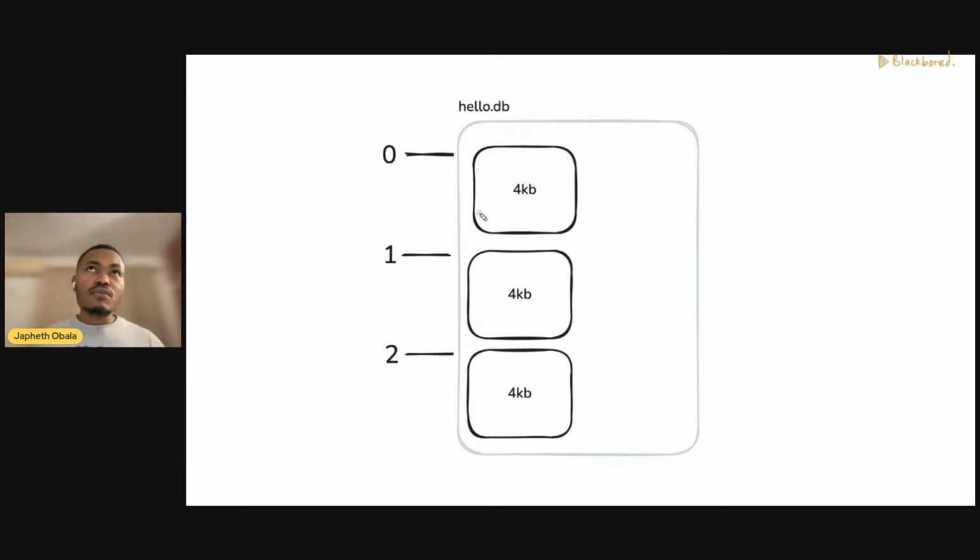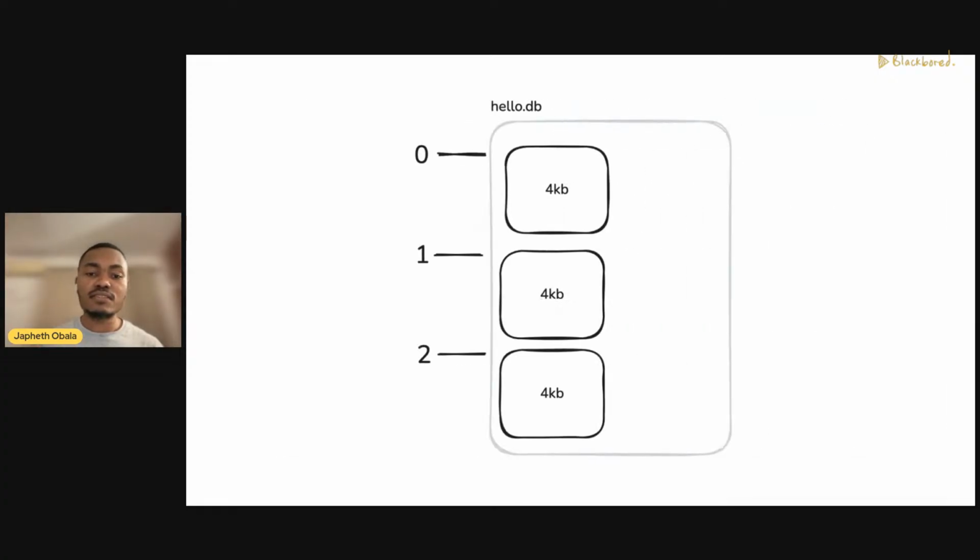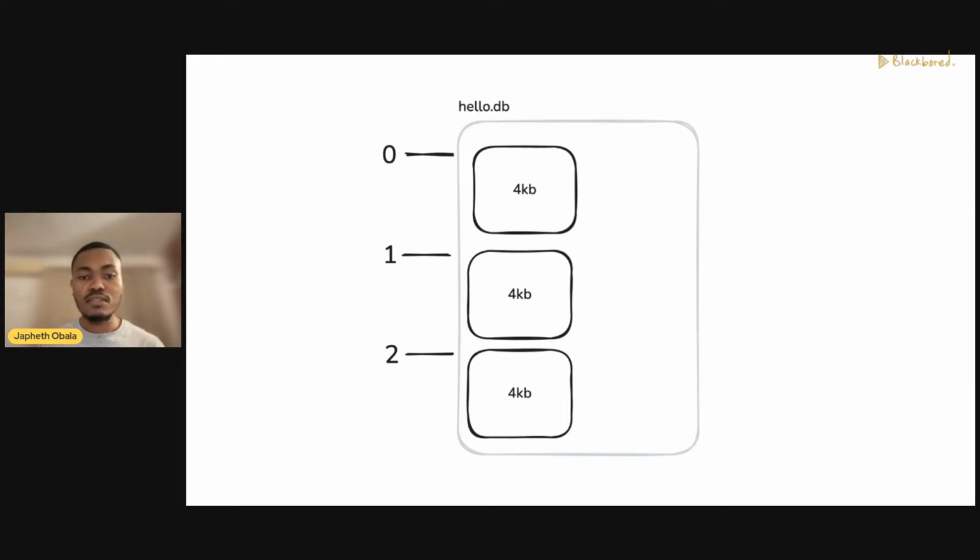If we're reading line by line, we know where the second line is, right? But if you're reading chunk by chunk or page by page, to get the offset of where the page starts, you simply multiply the page ID, which is what we have here, with the page size.